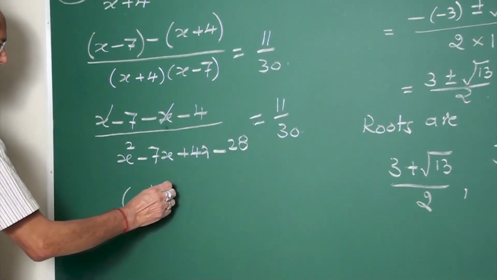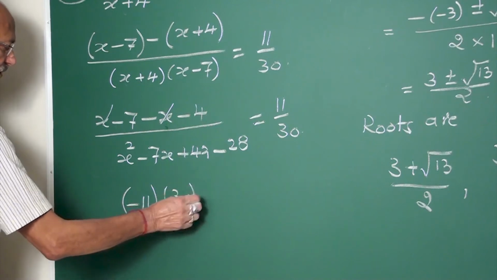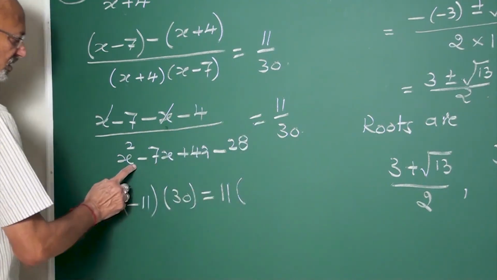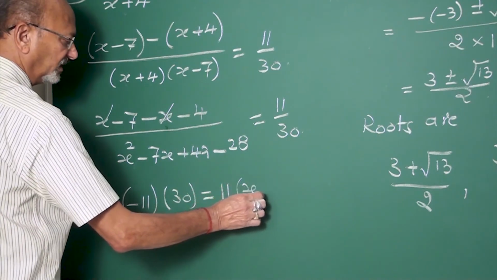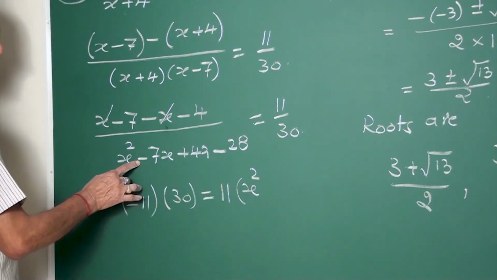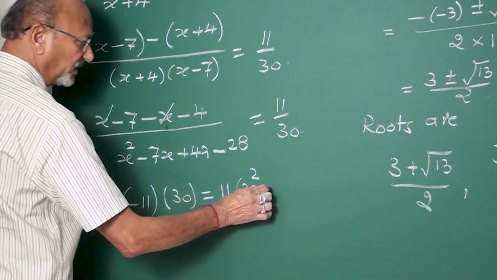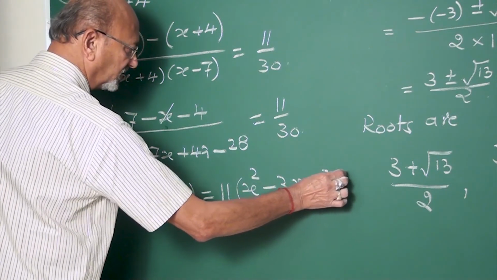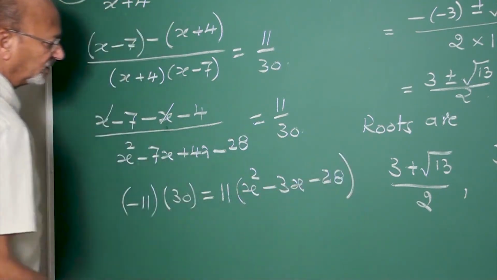Bring this 30 this side. This side is 11 into this denominator: x square minus 7x plus 4x, minus 7x plus 4x is minus 3x, minus 28. What is done?